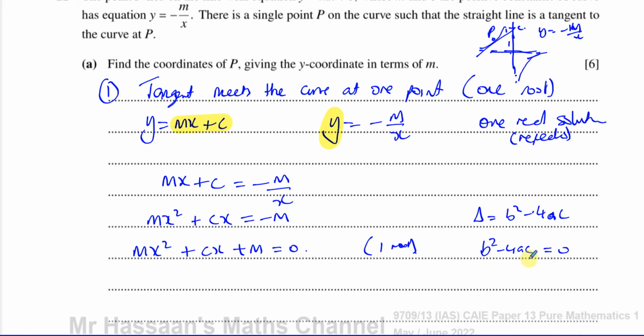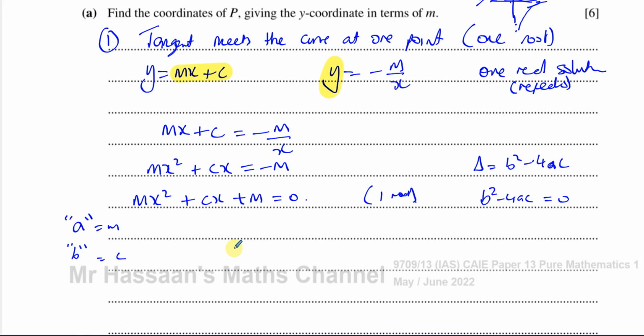Now, in this question, our a from the formula ax squared plus bx plus c is the coefficient of x squared, which is m. Our b in the formula is c in our letters, and our c is also m.